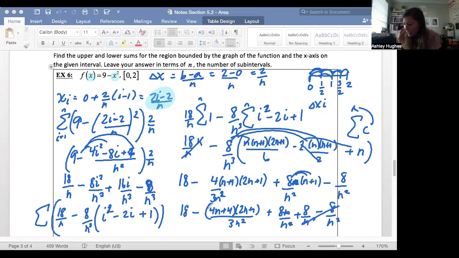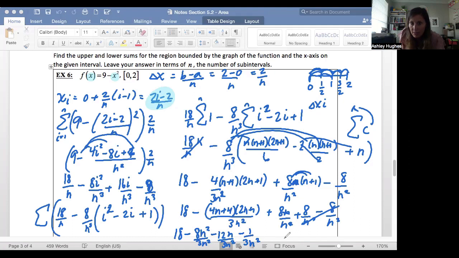And then when I multiply all of this out, I end up getting 18 minus 8n squared over 3n squared, and then minus 12n over 3n squared, and then minus 1 over 3n squared.